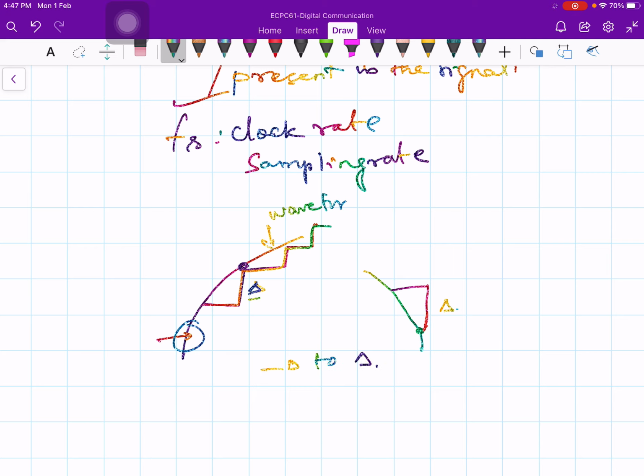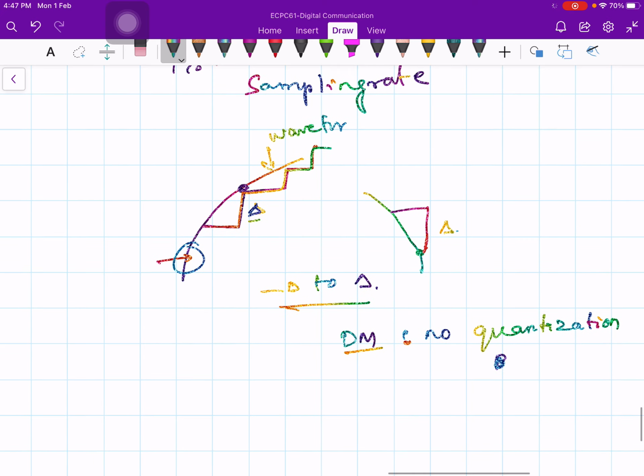Moreover, delta modulator is not like PCM. In DM, we are not doing the quantization. Don't confuse with the quantization noise in the PCM. No quantization here, not of the kind that we were doing in PCM.